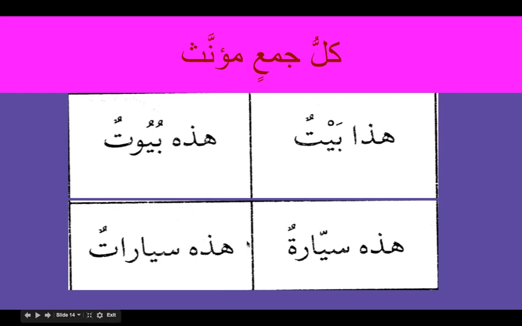So whether it is feminine or a plural form, we use هذه, no matter if the noun is mudhakkar or muannath. Buyut is a masculine noun and sayyarat is a feminine noun. In both cases, what we use is هذه.